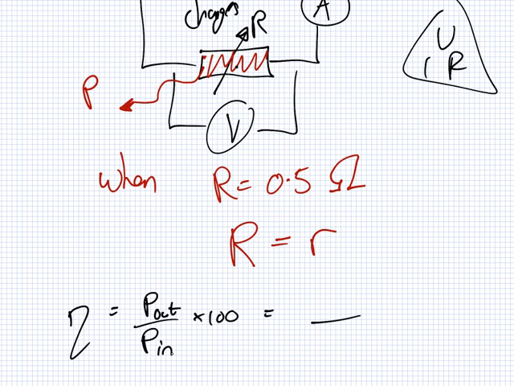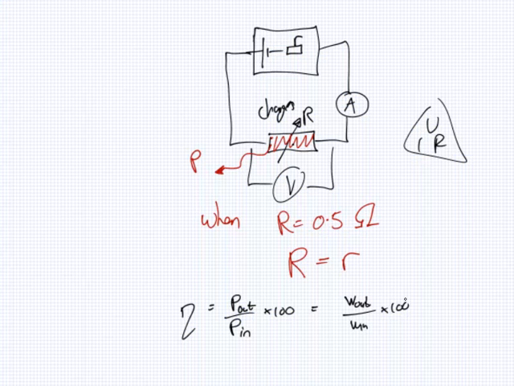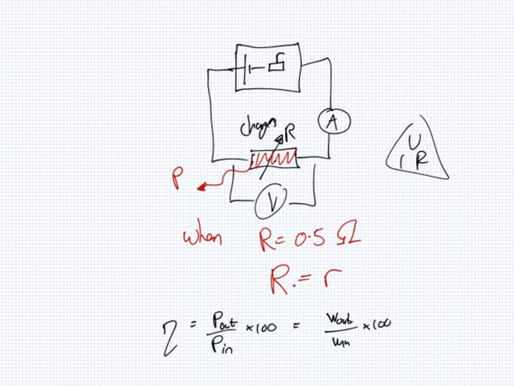Now, it doesn't have to be power, it could be work. So you could also do work over time and work over time. So work out over work in if you wanted to. Doesn't matter. What is coming in? What is going into this circuit? What's providing all of the power? Well, it's this thing here, isn't it? So power will equal IV.